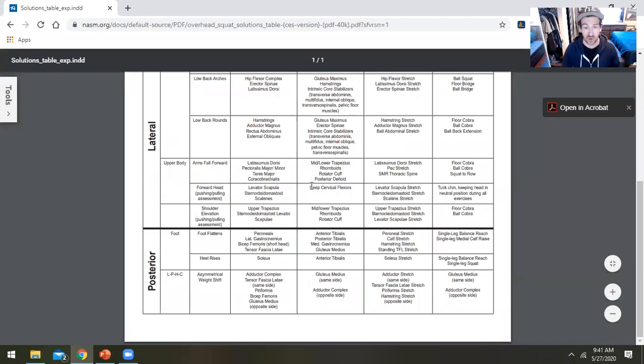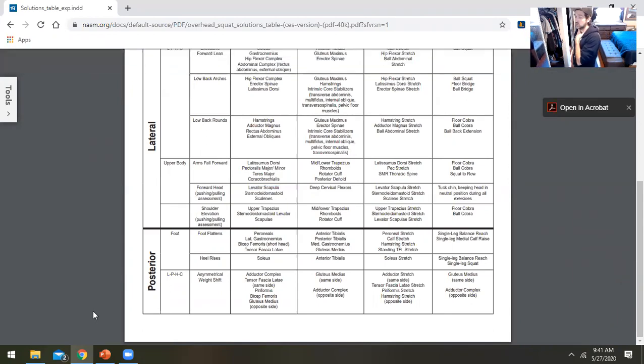Looking at the forward head posture, yesterday we talked about how that's your levator scapulae, your sternocleidomastoid, and your scalenes, those muscles that either pull your shoulders upwards or actively round you forward.